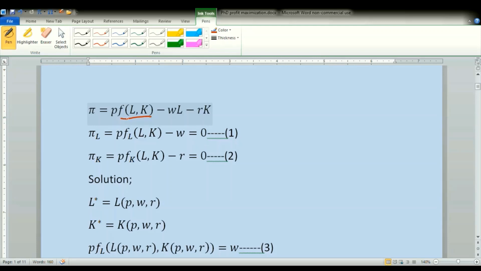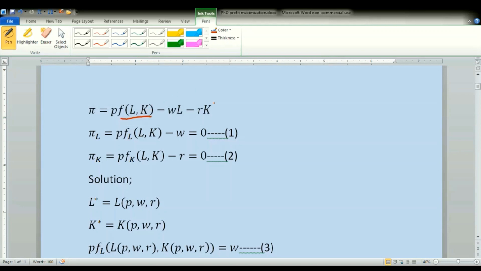So from the total value of production, when we subtract the labor and the capital cost, we get the profit, something that we want to see at a maximum value for which we are trying to find out the correct employment of labor and capital.